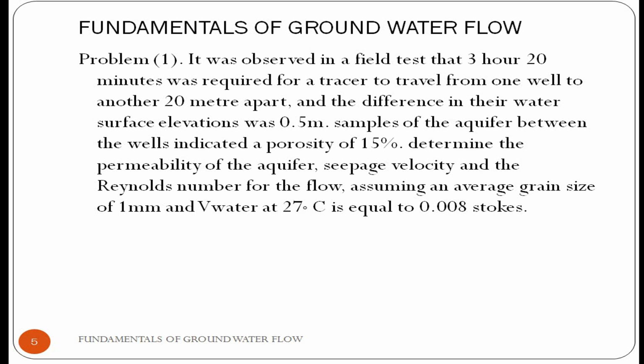Samples of the aquifer between the wells indicated a porosity of 15%. Determine the permeability of the aquifer, seepage velocity and the Reynolds number for the flow, assuming an average grain size of 1 mm, and kinematic viscosity of water at 27 degrees centigrade equal to 0.008 Stokes.